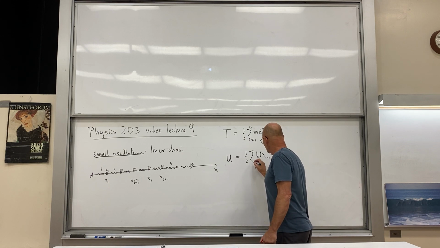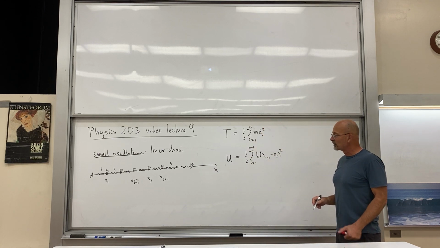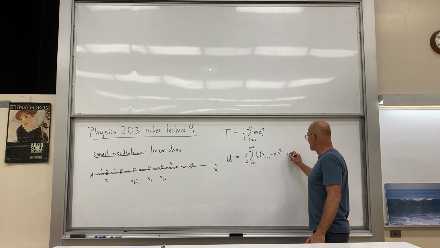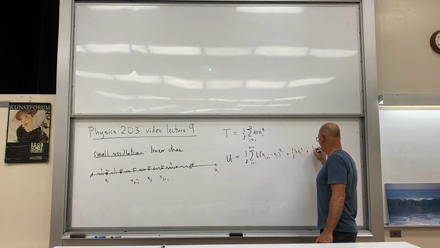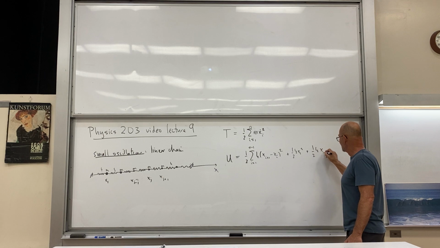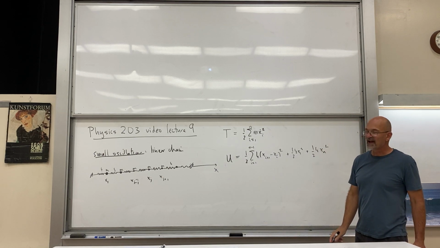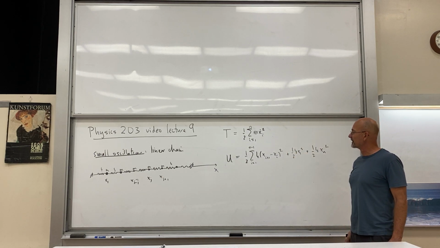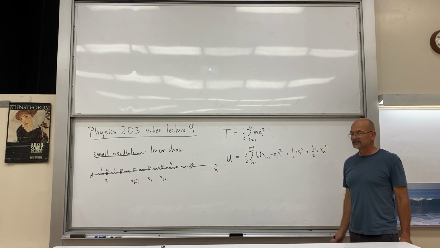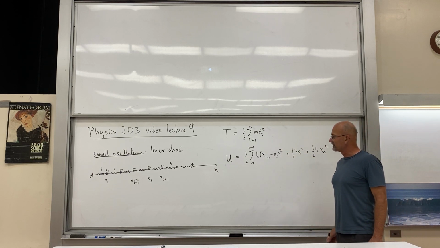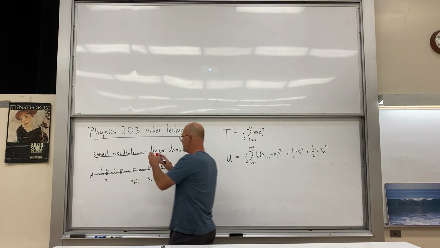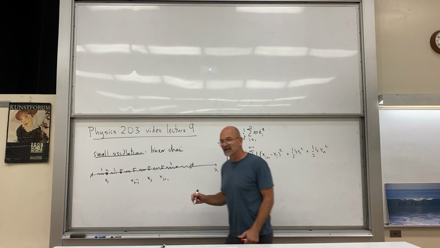So here we would take i equals 1 to n minus 1, and then we'd have the springs on the end. So on the left end we'd have a 1/2 k x_1 squared, and on the right end we'd have a 1/2 k x_n squared. So we actually have all of the kinetic energy and the potential energy. And if this thing is long enough, we're not going to worry about the endpoints.